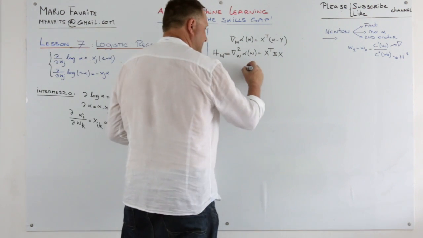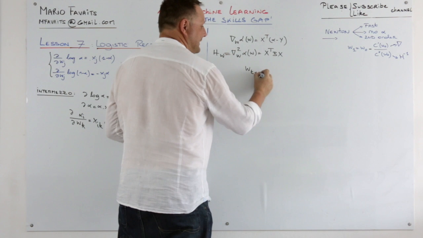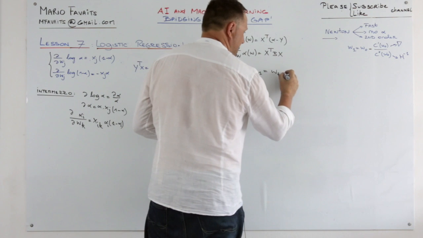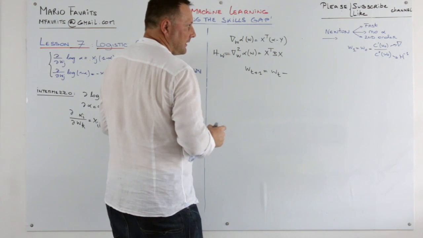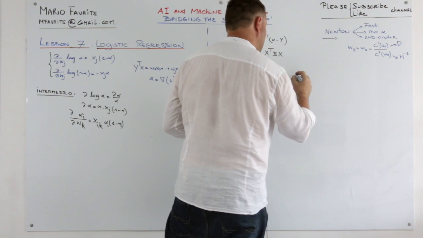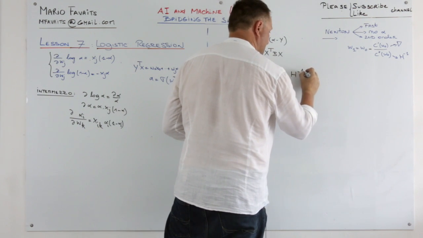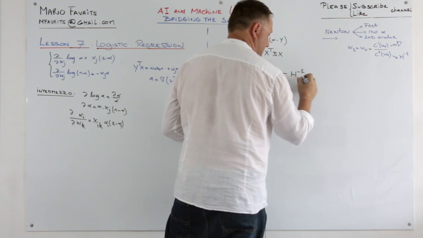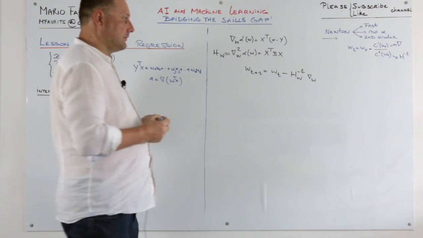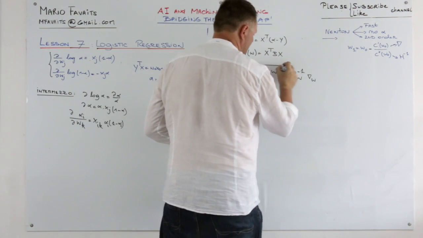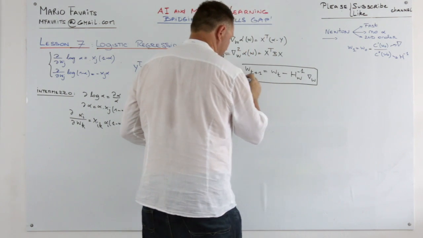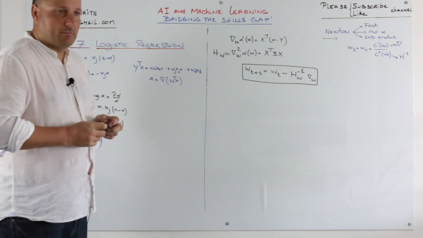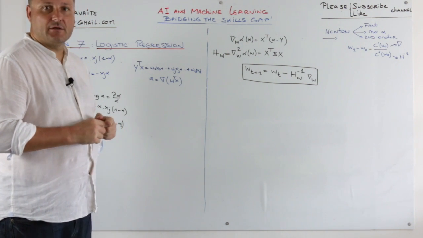So what we have is that the next W is equal to the previous W minus the Hessian inverse times the gradient. This is going to be our update rule, and it's easy to calculate. So this is how we find a minimum for the log loss.